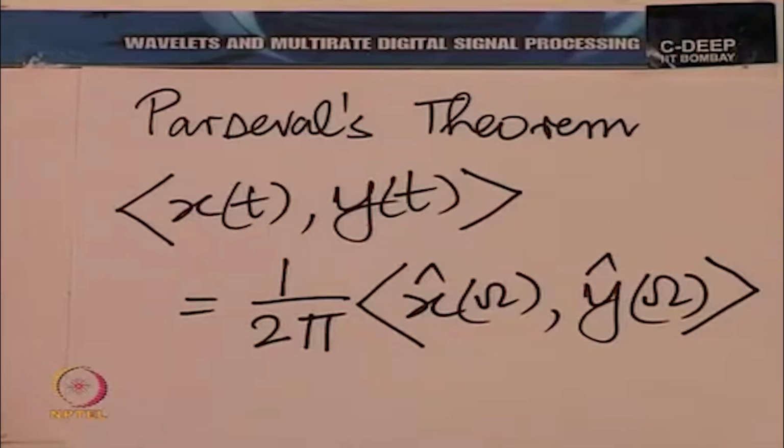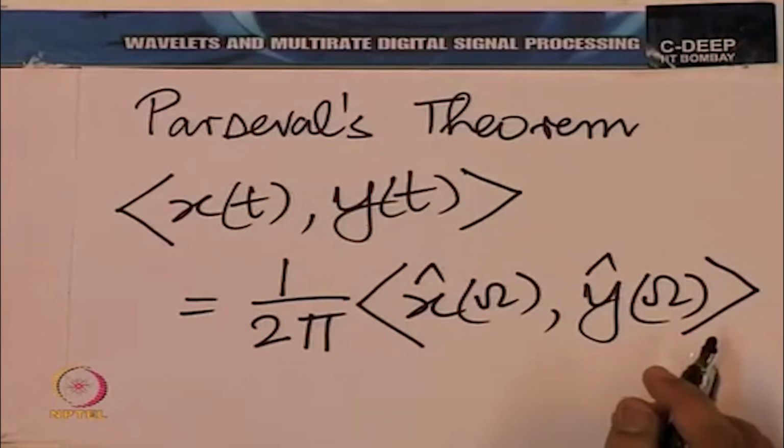In the language of components, what is the interpretation? The interpretation is that in calculating the inner product, it does not matter whether one is using one orthonormal basis or another. The result is the same. So, the inner product is not a function of which orthonormal basis you use.